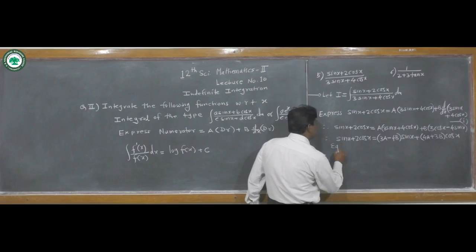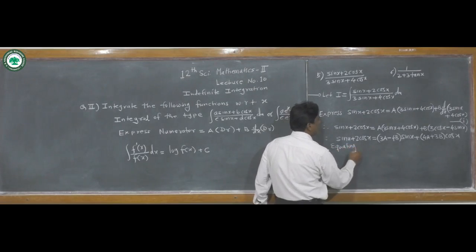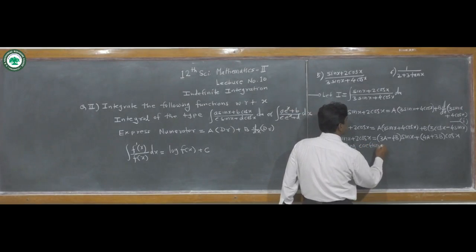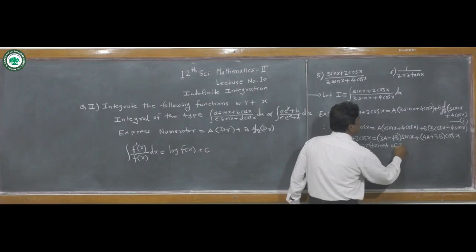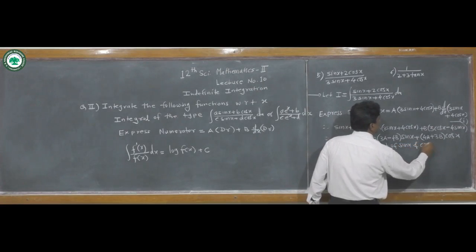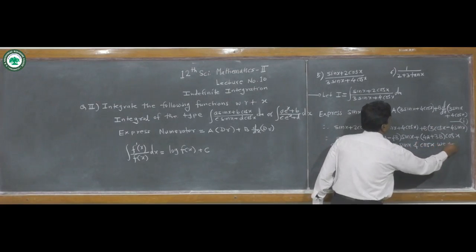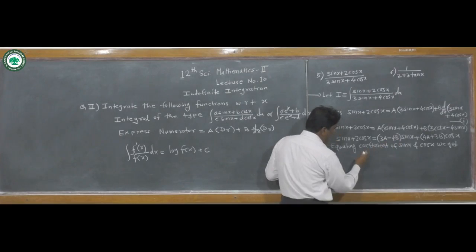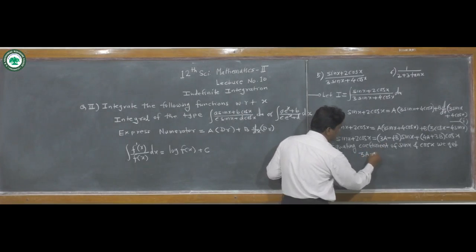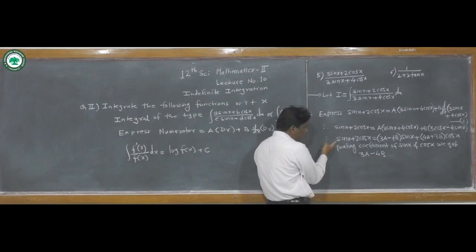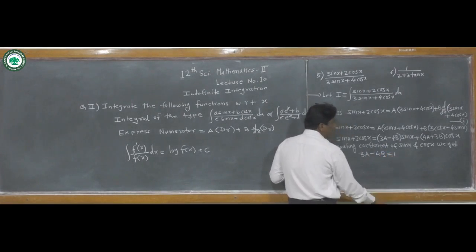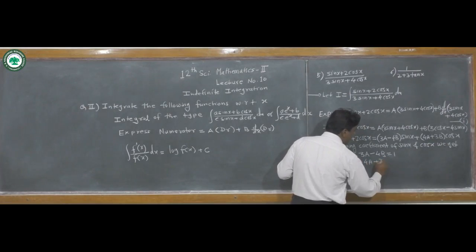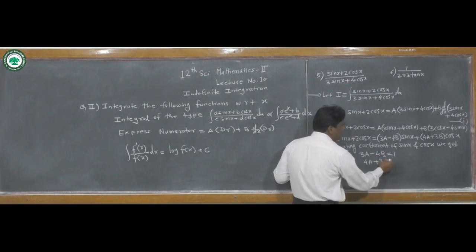So equating coefficients of sin x and cos x, we get: the coefficient of sin x is 3a minus 4b, so 3a minus 4b is equal to 1, the coefficient of sin x on the left side. The coefficient of cos x is 4a plus 3b, and here the coefficient of cos x is 2.